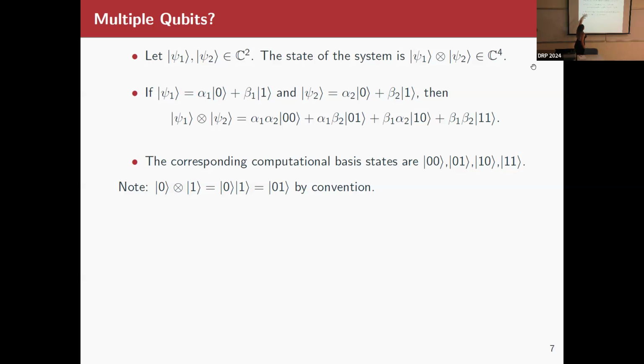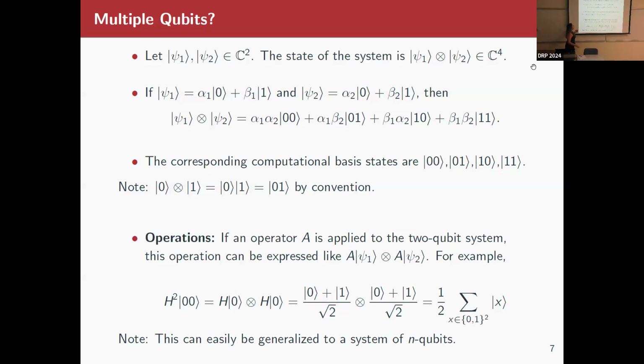If we take the tensor product, we get this equation. And the corresponding computational basis states are 00, 01, 10 and 11. Note that here we have 3 expressions, and actually all of them are the same. So the tensor product of 0 and 1 we can write like this, and like this, it's the same.